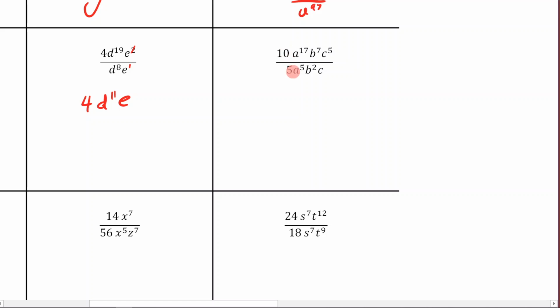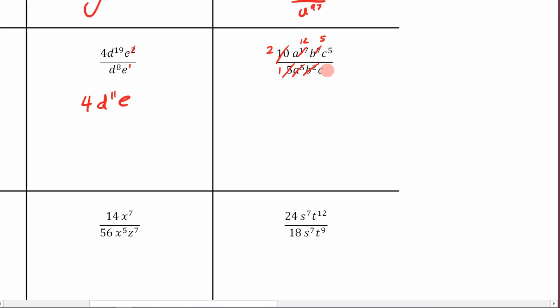Let's come over here. So now I've got numbers on the top and the bottom, so I'm going to have to do some simplifying. I can divide them both by 5. 5 divided by 5 is 1. 10 divided by 5 is 2. Now I have a to the 5 and a to the 17. I can go 17 minus 5 is going to be 12, and then this goes away. I have 7 and 2 here for my b's, so that means 7 minus 2 is going to be 5.